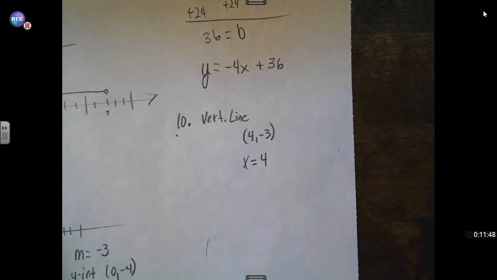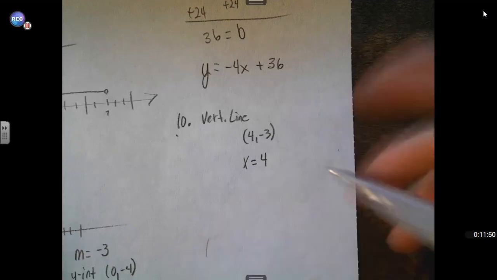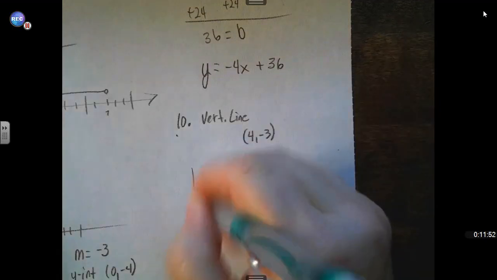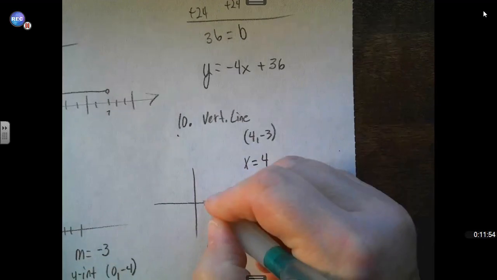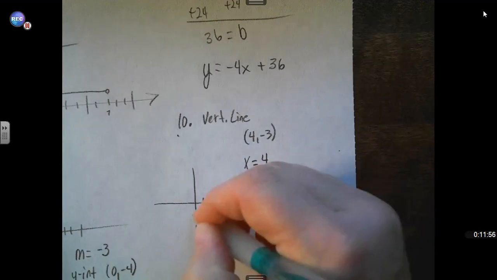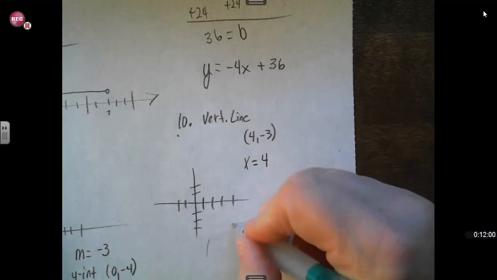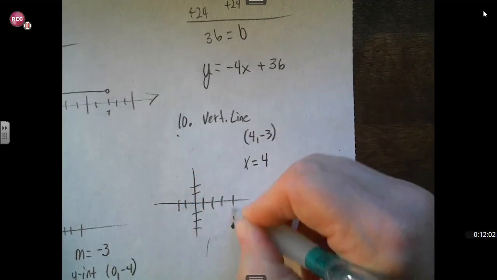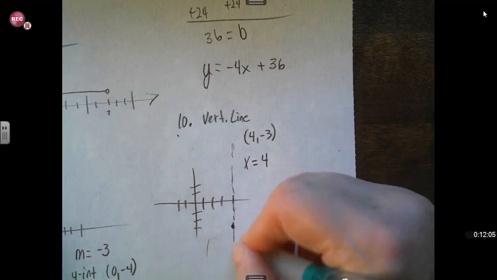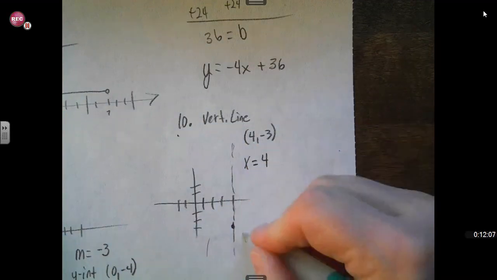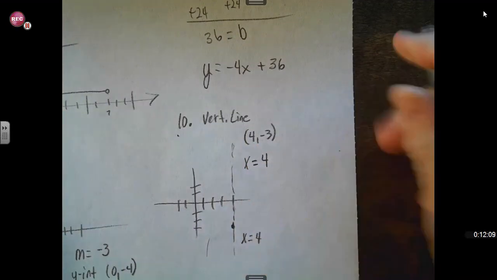So what's the equation of the vertical line through that point? X equals 4. We can also look at that graphically. 4, negative 3 is here, and I want the equation of this vertical line. Okay, and that vertical line is x equals 4.